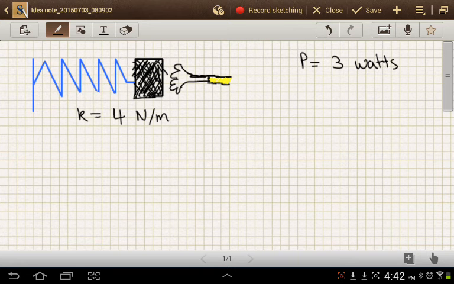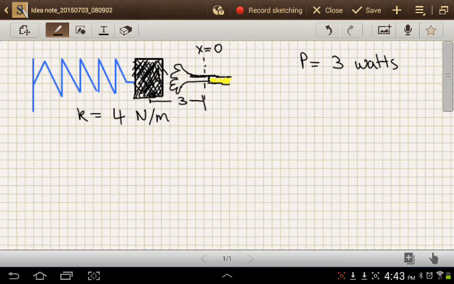So my question to you is that when the block is displaced 3 meters from its original equilibrium position, let's say this is x equals 0, the equilibrium position, at this point when it is displaced 3 meters away, what is the instantaneous change in the location of the block?